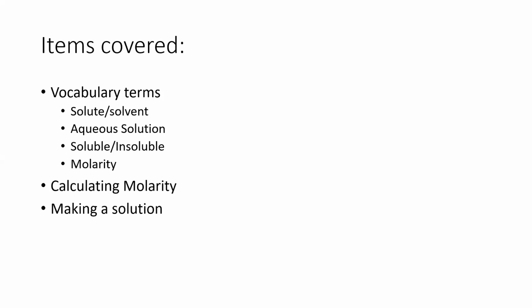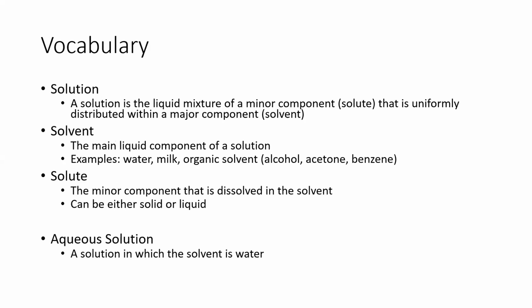All right, so our first term is solution. A solution is basically the liquid mixture of a component called the solute, which is the minor part of it, that is uniformly distributed within the major component we call the solvent. The solvent is a liquid component that can be anything like milk, water, or an organic solvent like alcohol, acetone, or benzene.